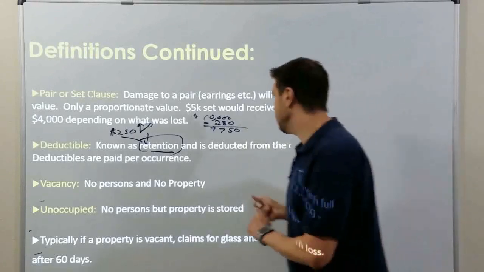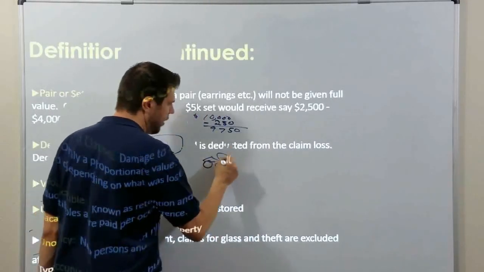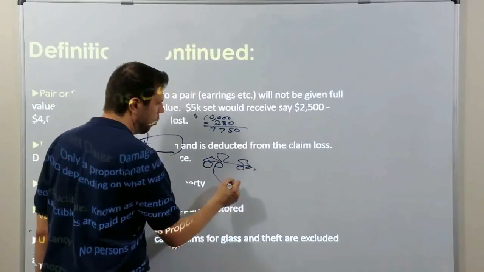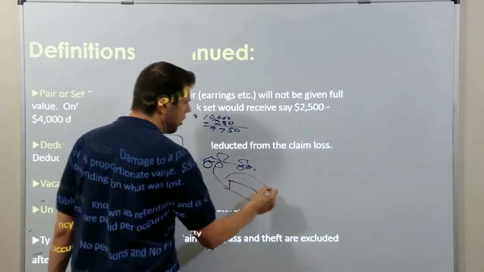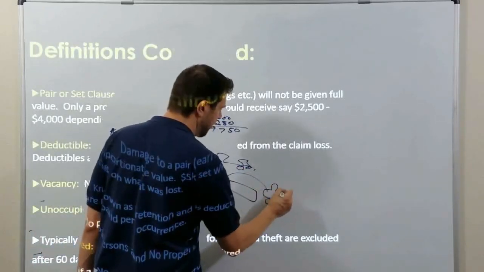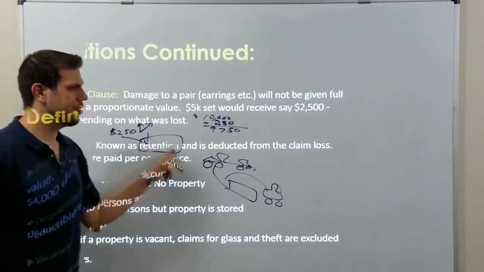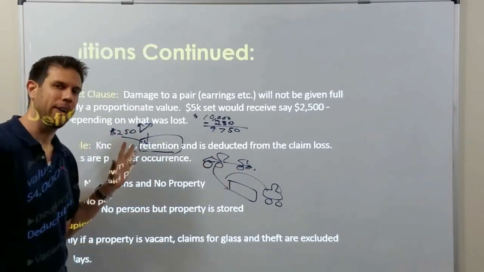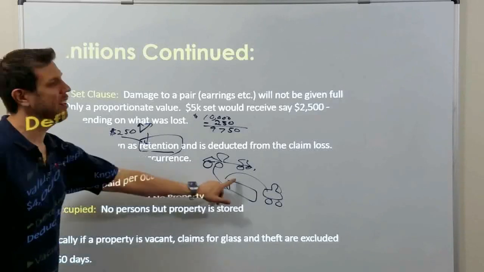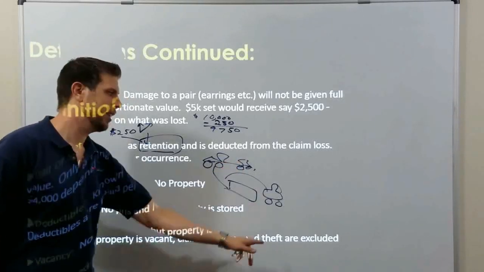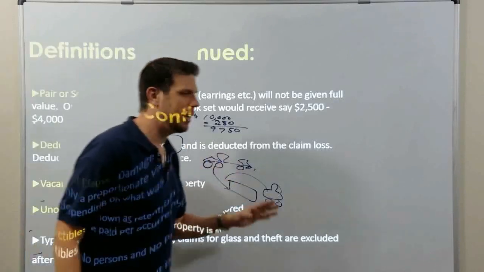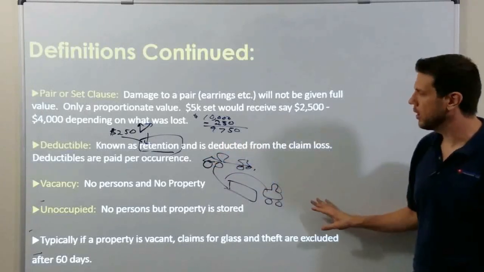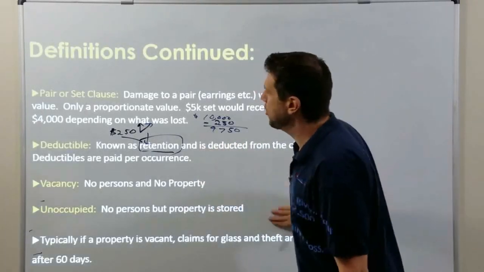So like, for example, if I hit a car, then I spin down and hit a wall, and then I flip over the wall and land on another car. That's all just one occurrence. I hit multiple things, but it was one total reaction. I'd only have to meet one deductible, not $250 each time I hit something else. As long as it occurs at the same time, that's going to be an occurrence, and deductibles are met per occurrence. The next definition is vacancy.